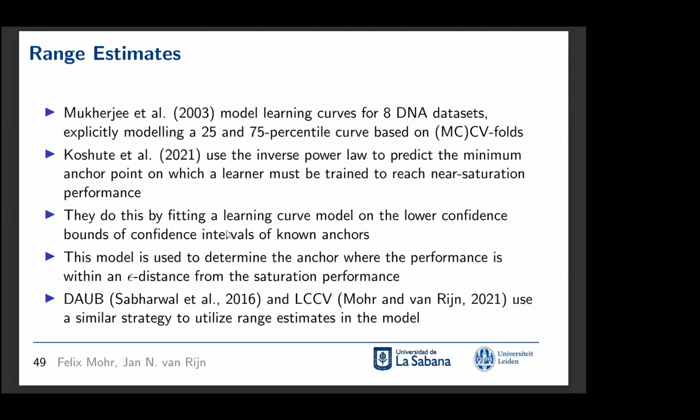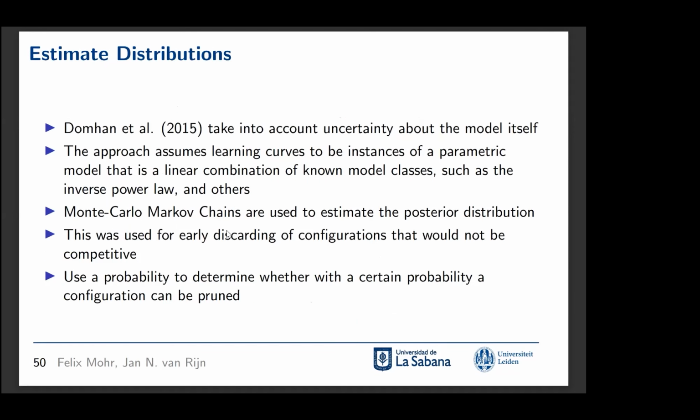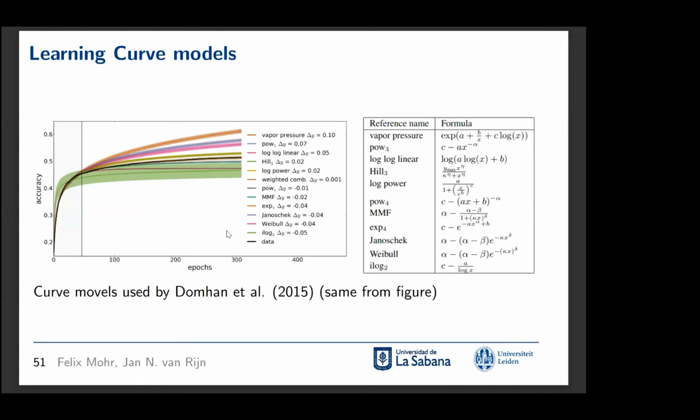And most interestingly, and I'm going to skip the details for now, there is the work of Domhan et al., where they also take into account the uncertainty about the model itself. And they basically do this for many learning curve models.